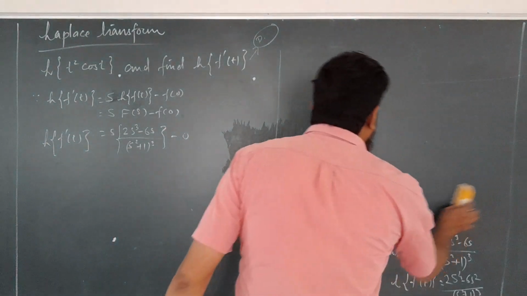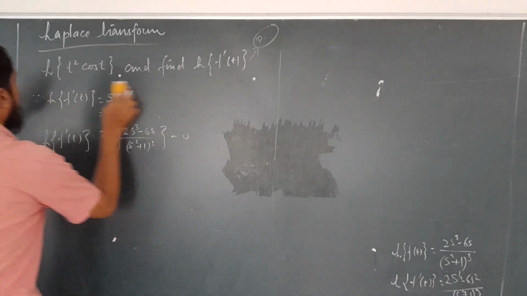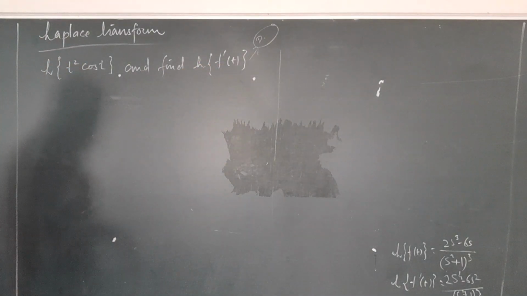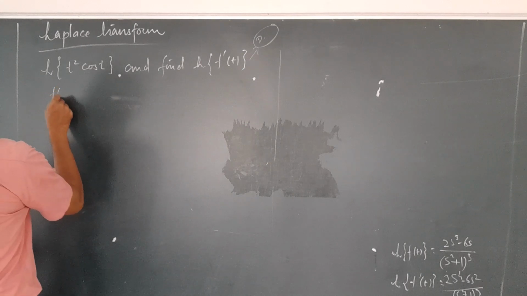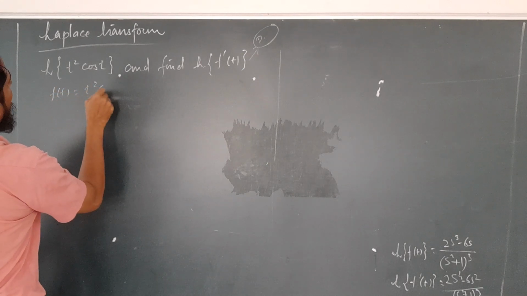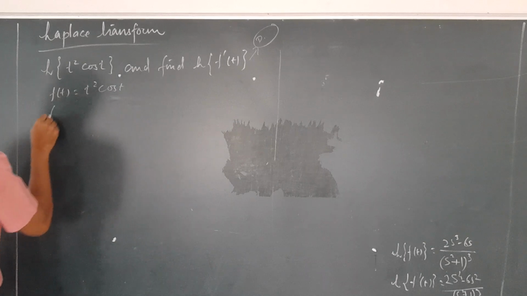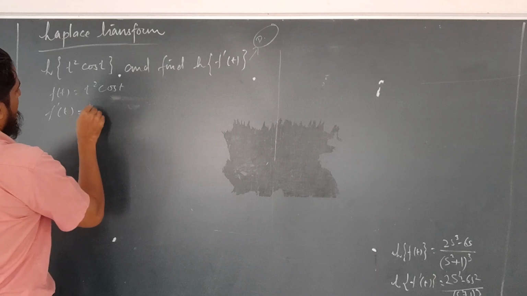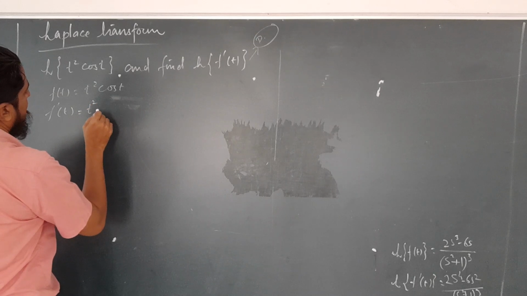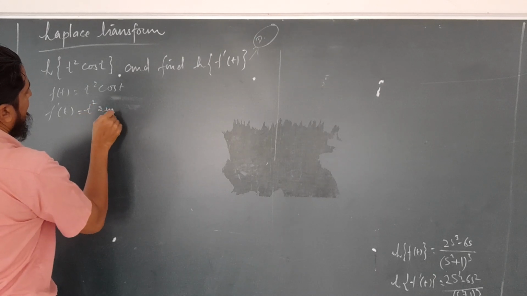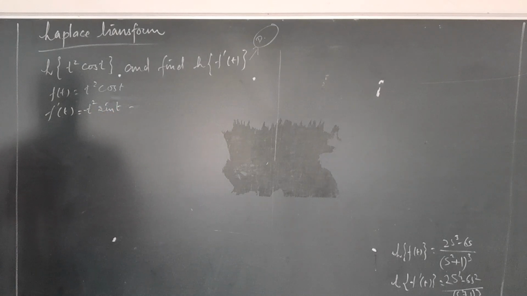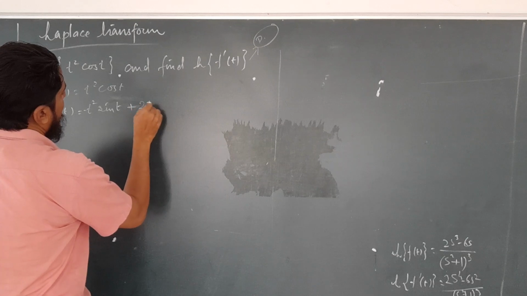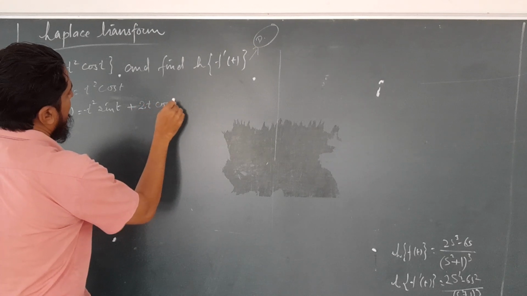Now by using these results, we will try to solve by differentiating the function. Since f of t is equal to t square cos t here, if we differentiate, we will get t square again outside, differentiation of cos t becomes minus sin t, plus taking differentiation of t square, that is 2t cos t.